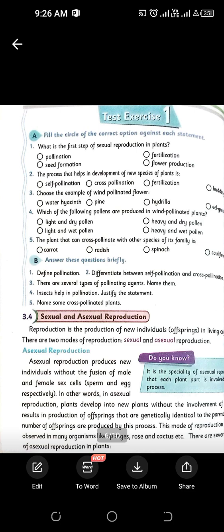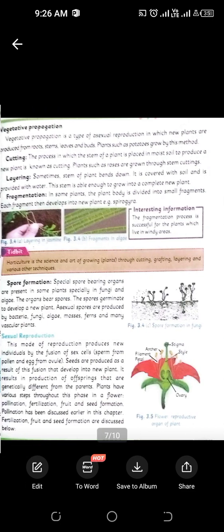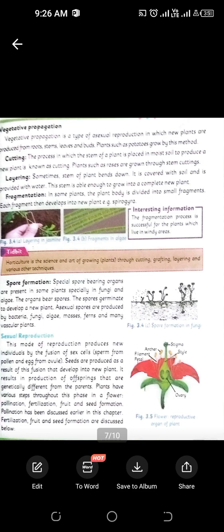And another thing is that all the offsprings of asexual reproduction will be genetically identical to the parent cells, right?